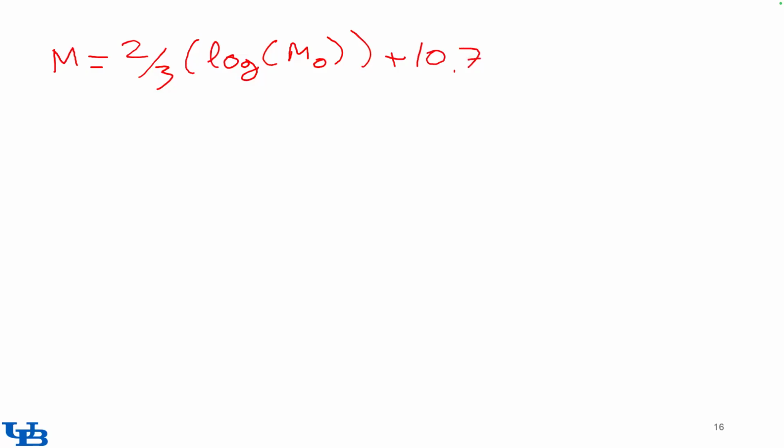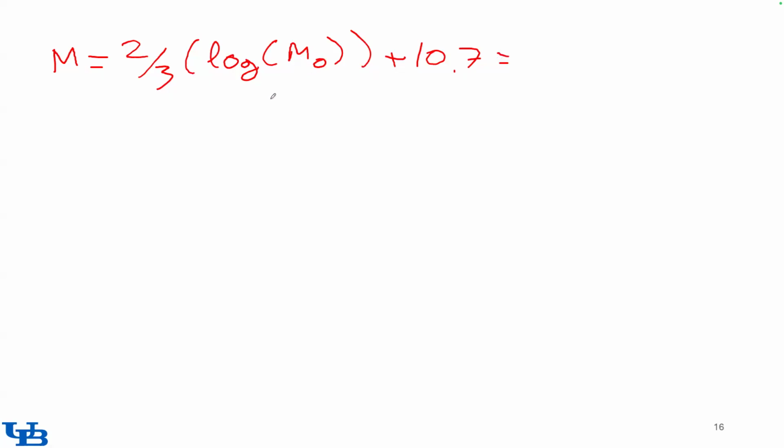We started by defining the moment magnitude as 2/3 of the log of the seismic moment plus 10.7. Or, if you take the constant inside the parentheses, 16.75.